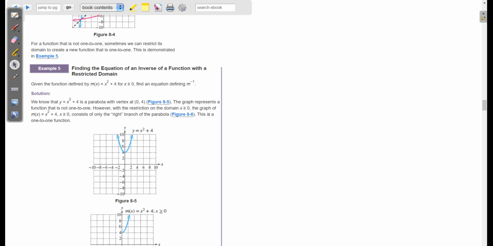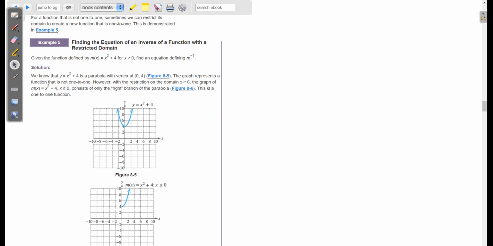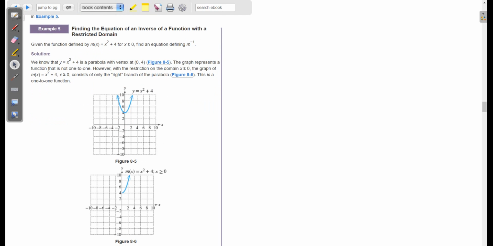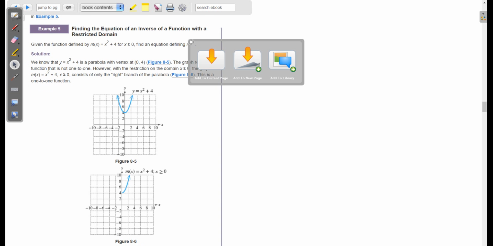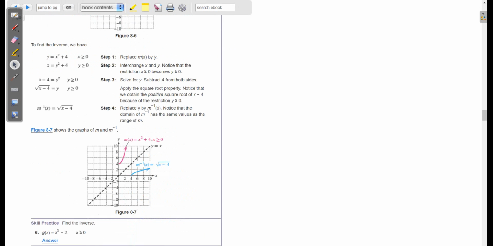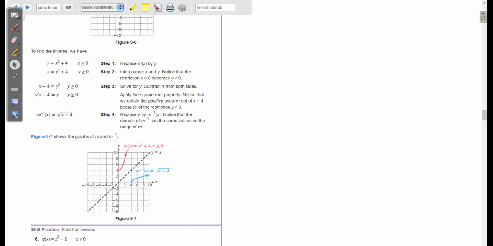Let's put it on the next page. We definitely ran out of room there. So I'm just going to snip the entire problem.